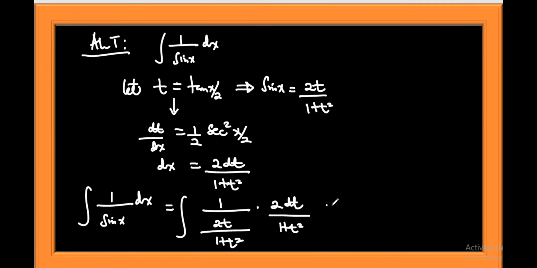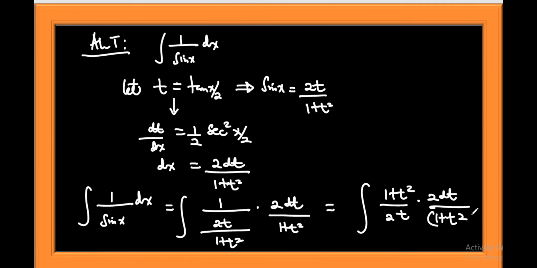When you look at this carefully, it can go to integral, and I'm now going to take the reciprocal here. So it will be 1 plus t squared divided by 2t multiplied by 2 dt divided by 1 plus t squared. So you realize again, 1 plus t squared and 1 plus t squared can cancel out, and the 2 will reduce, so that we end up with 1 over t.